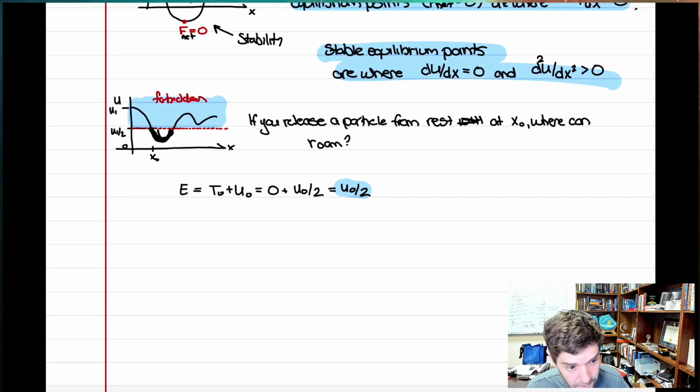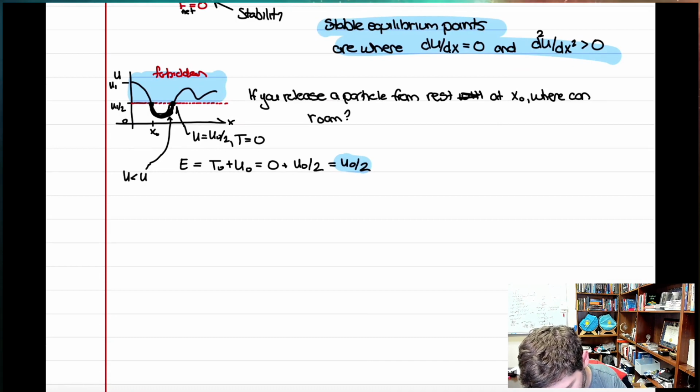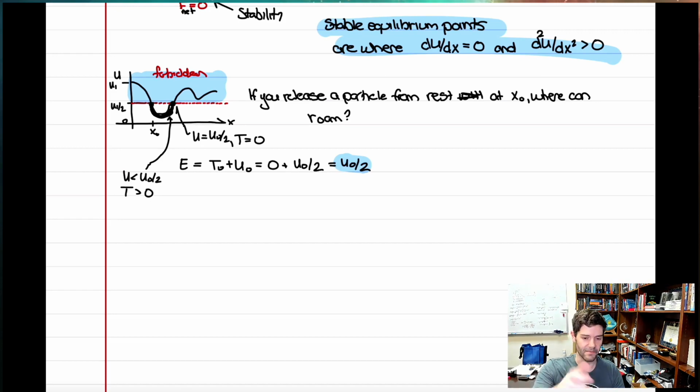You could roam back and forth over and over again, and you would come up to this point, and once you get to the spot on the other side, u equals u naught over 2, so your kinetic energy must also equal 0 there, because it still needs to add up to the total energy. At locations deeper down, u is going to be less than u naught over 2, which allows your kinetic energy to be something positive, whatever it needs to be to add up to the total. So kinetic and potential are just exchanged back and forth over and over again. That's an example of a bound system.